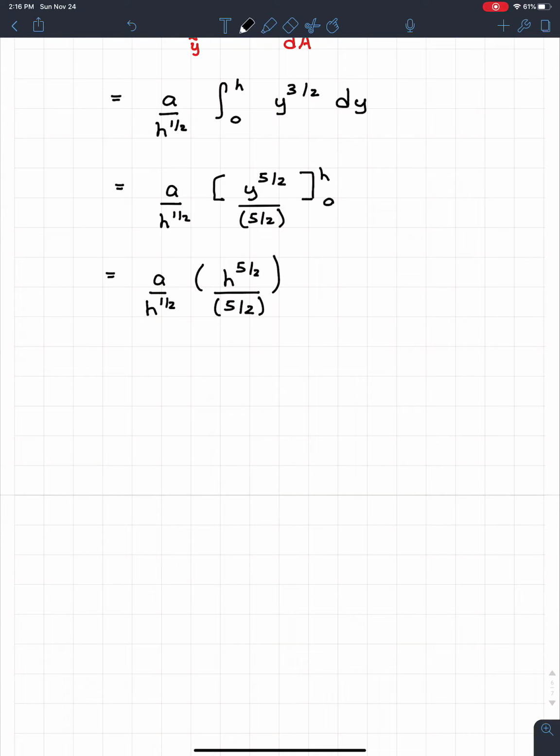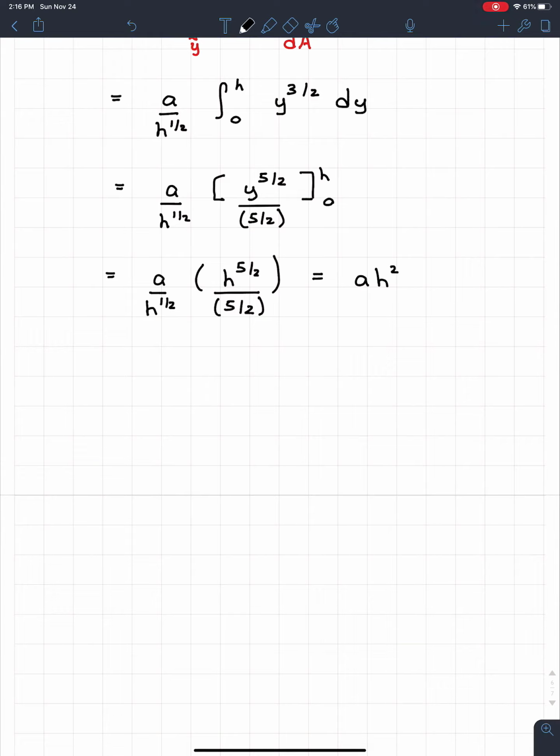Okay, well now we can just start simplifying things, canceling stuff like this. So remember, if we make this even easier, there's no other A, so this is just going to be A. And then for the H's, what we have is 5 over 2 divided by the 1/2. So we're going to minus those. So it's going to be 5 over 2 minus 1/2, which is just going to be equal to 2.